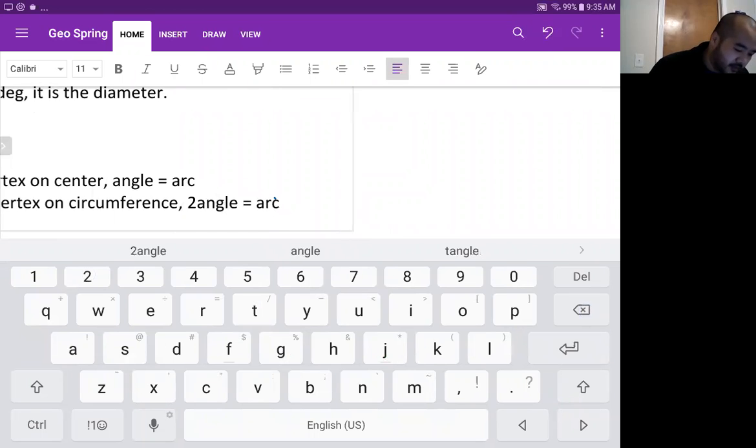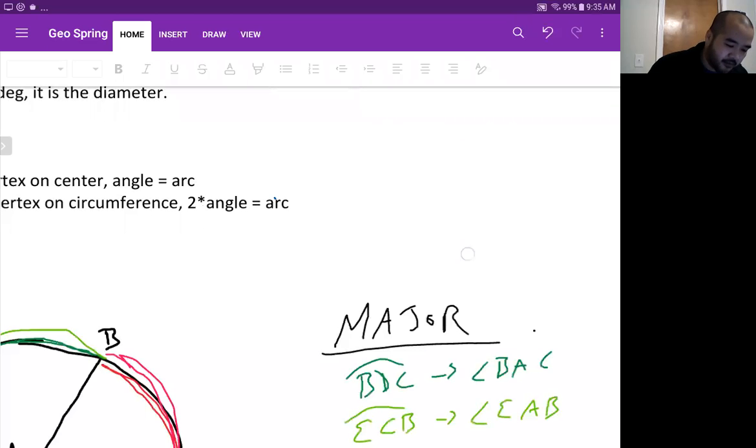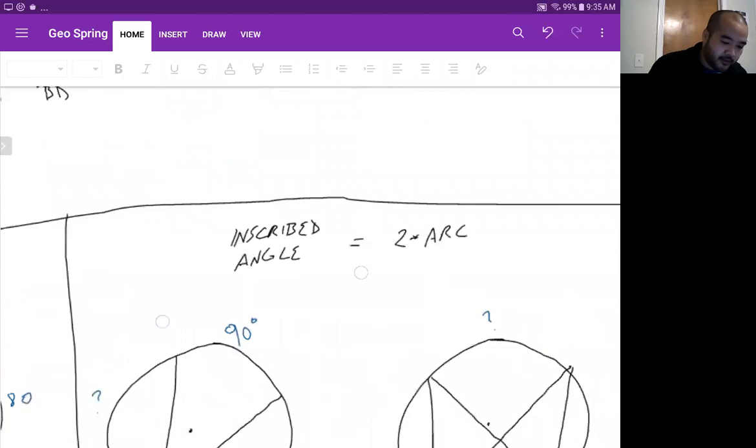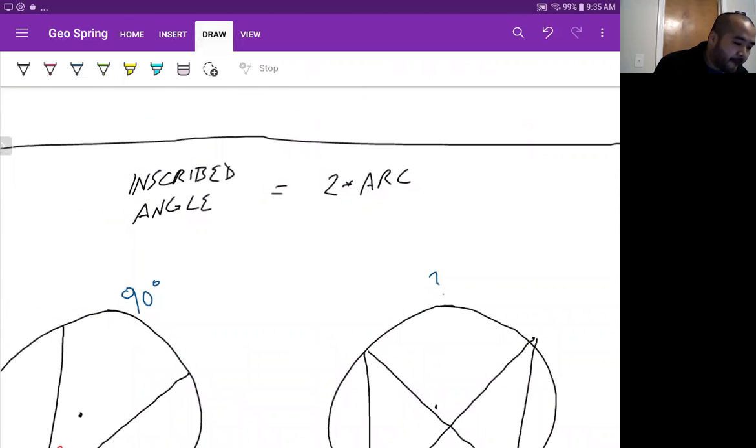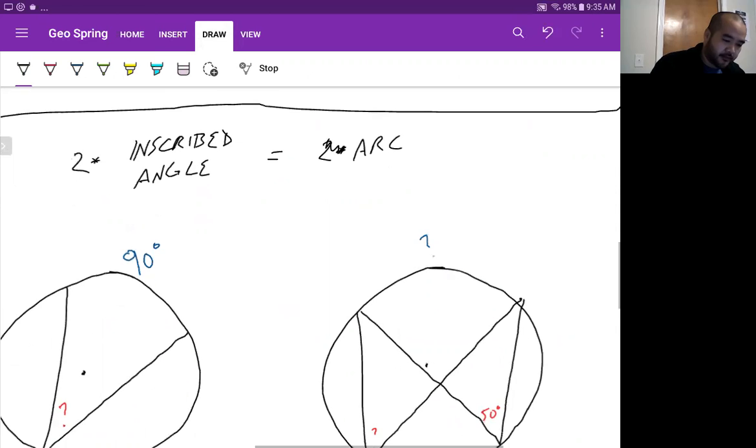I said the wrong thing, but I wrote the right thing. It's 2 times the angle equals the arc. There we go.